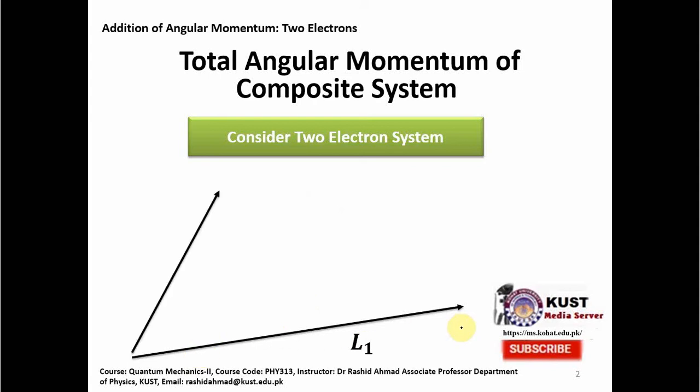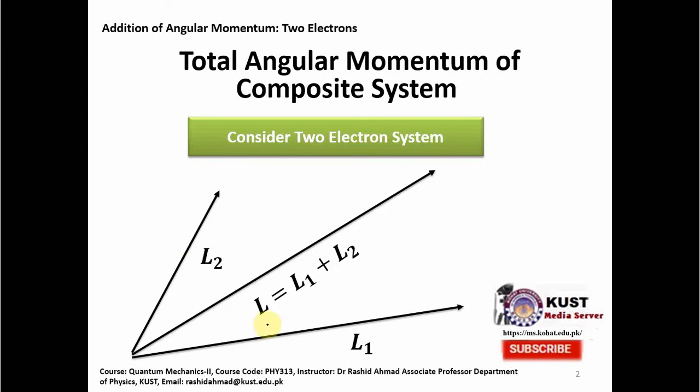The angular momentum of the second electron is L2, and this points in this direction. If we want to add them to get their total angular momentum, L equal to L1 plus L2, this can simply be done by the head to tail rule, where we put L2 on the head of L1 and then add them and get the summation.